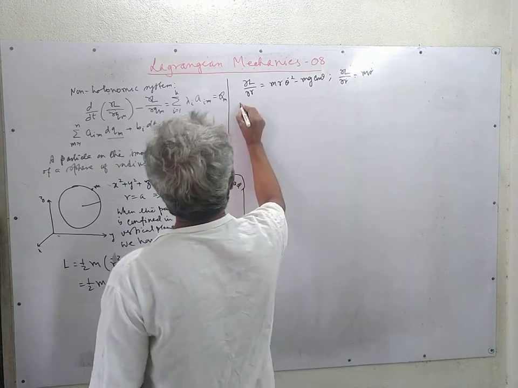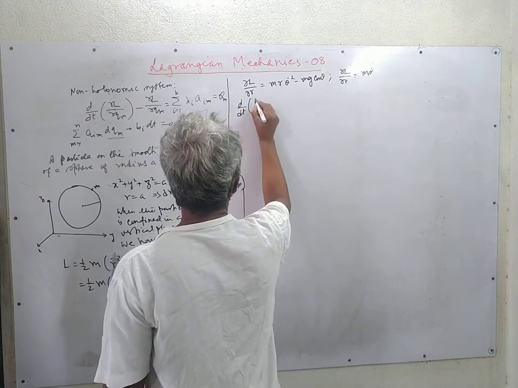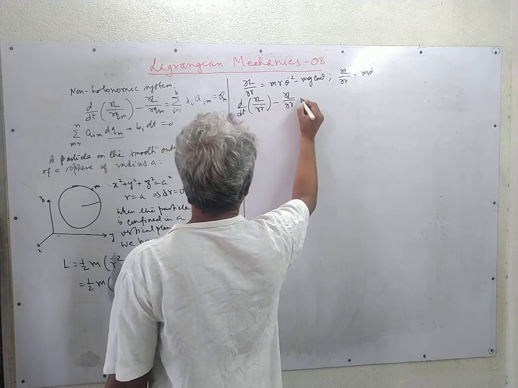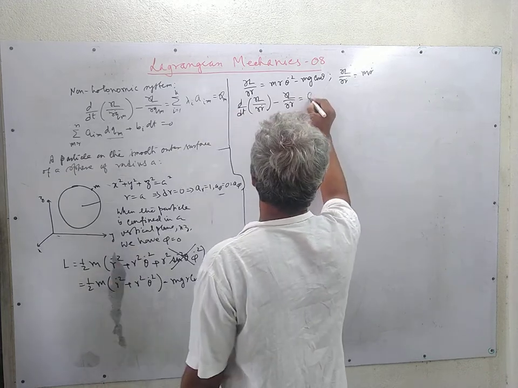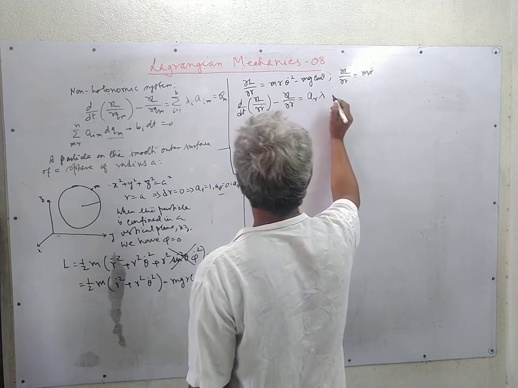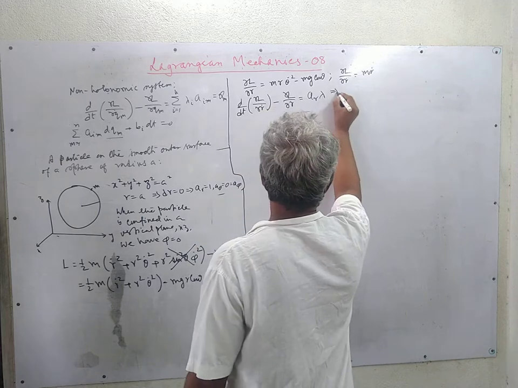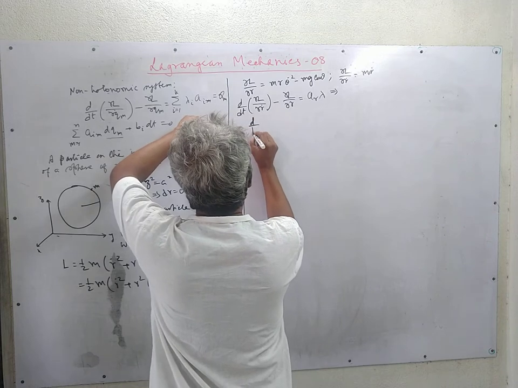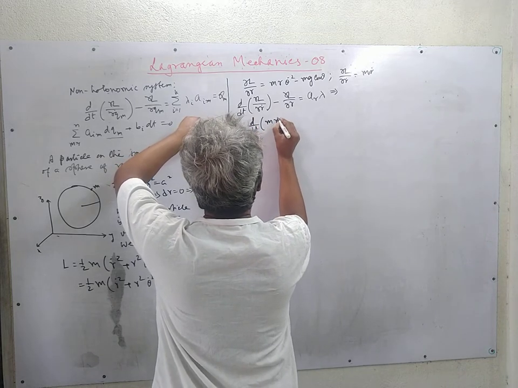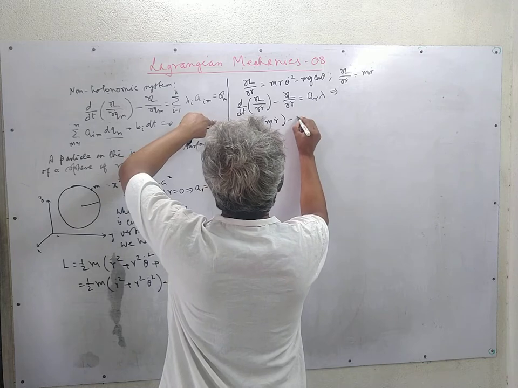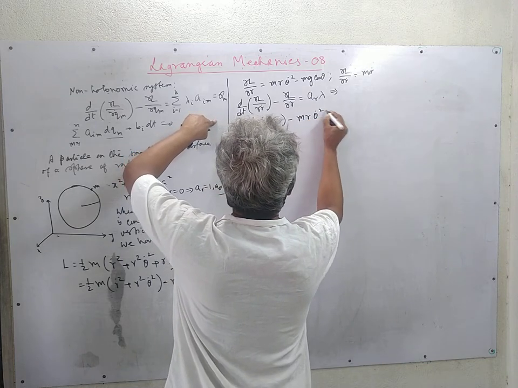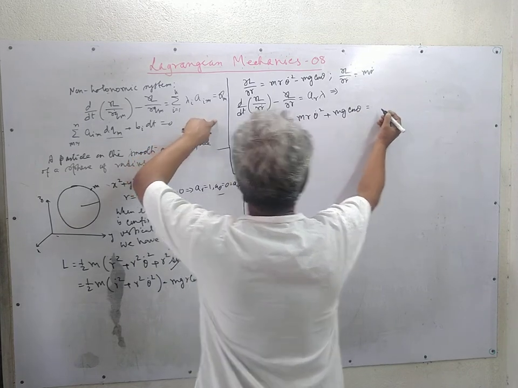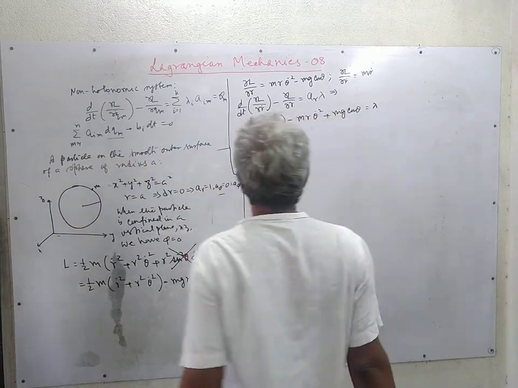So the equation that we apply is the Euler-Lagrange equation with a_r lambda.